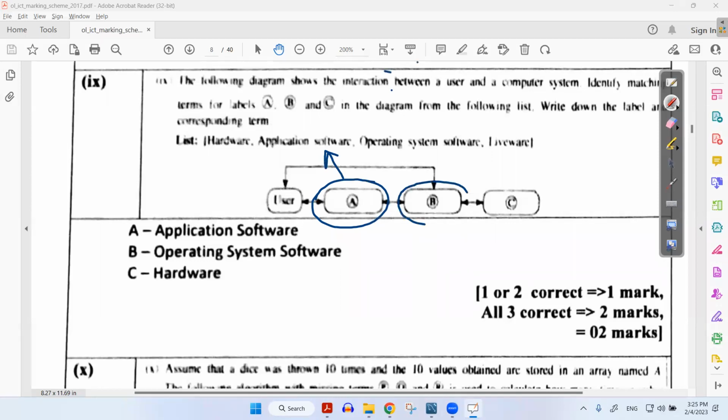And since B is interacting with everyone, it interacts with A, it interacts with C, as well as with the user. So B is going to become the operating system. And C is the one which interacts with the hardware. So the operating system will interact with the component hardware. So C is going to become hardware.